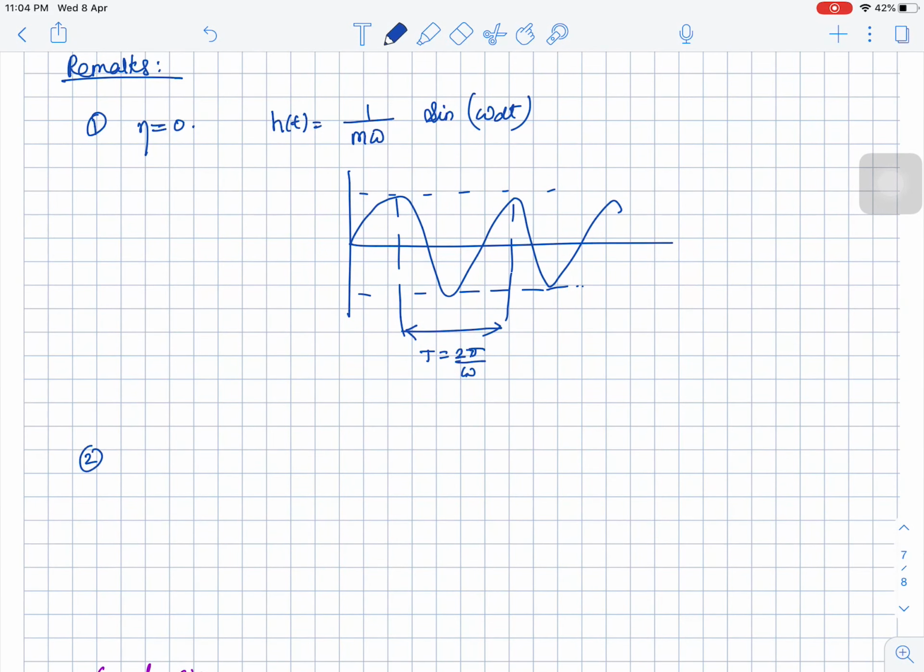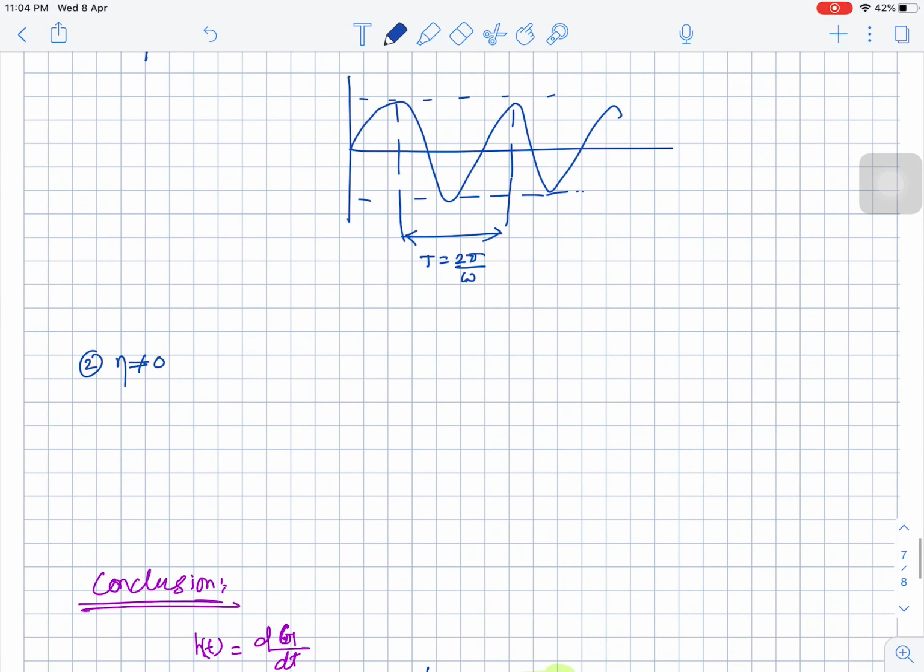When the damping is not equal to 0, we will get an amplitude decay profile.